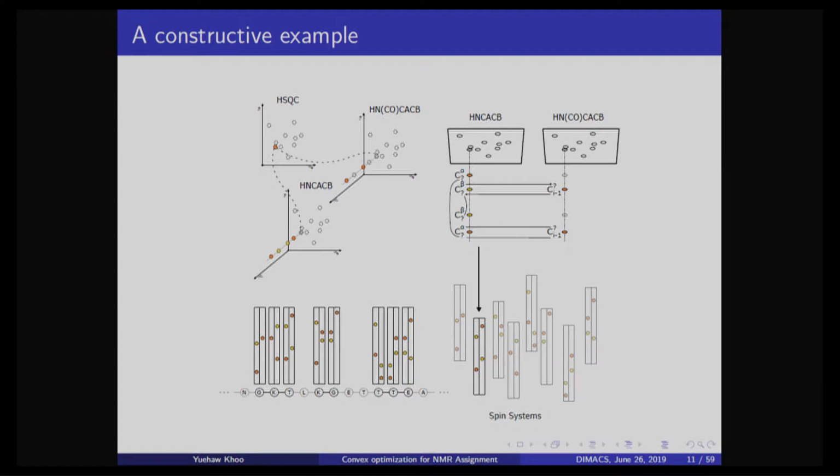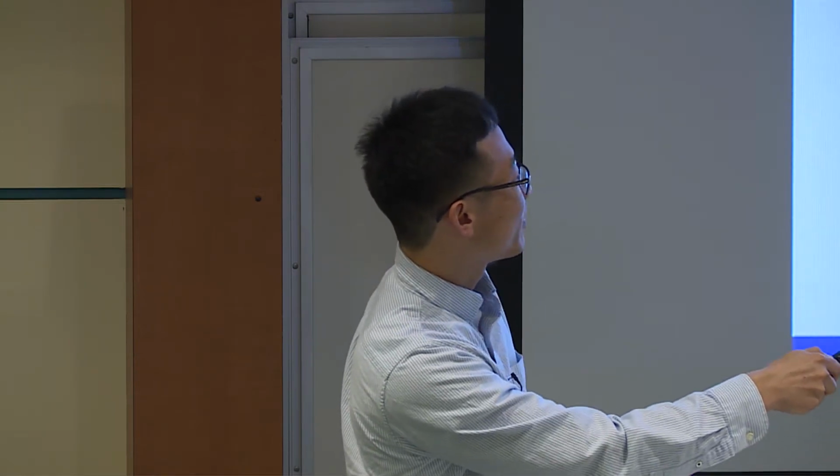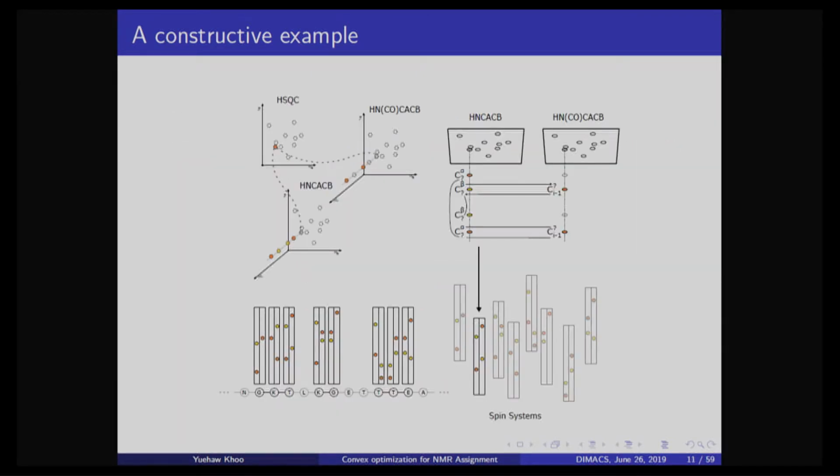Because, like I said, 2 of these peaks will be coming from the adjacent residue. Now, when you start seeing this pattern, you can imagine a procedure for sequencing these strips. Essentially, you take these 2 strips and see whether they are sharing 2 peaks. If they are sharing 2 peaks, you place them adjacent to each other.